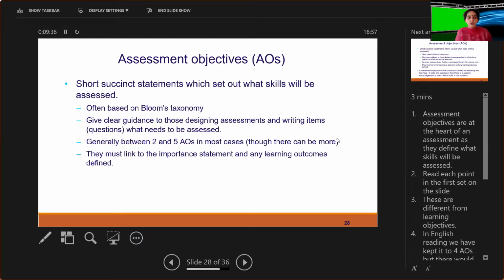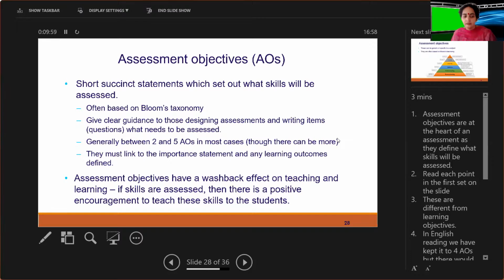Generally, 2 to 5 assessment objectives are tested in most cases. There may be more, but normally 2 to 5 are tested. And they must be linked to the important statements by the learning outcomes defined. Assessment objectives have a washback effect on teaching and learning.